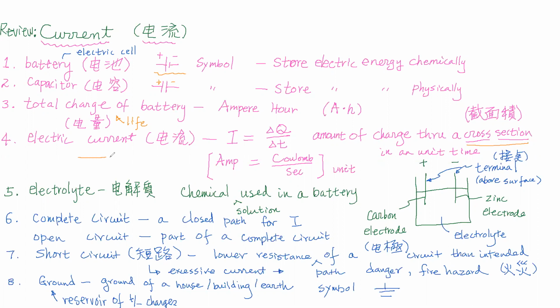So there's a wire here, and you look at this cross section right there and ask how much coulomb is going through this area. The charge is in terms of coulomb per second, so coulomb per second is the unit for ampere.